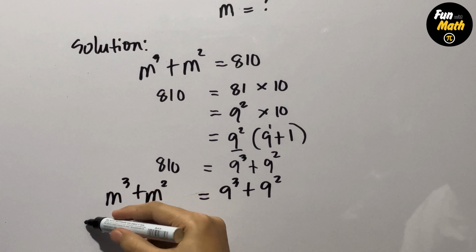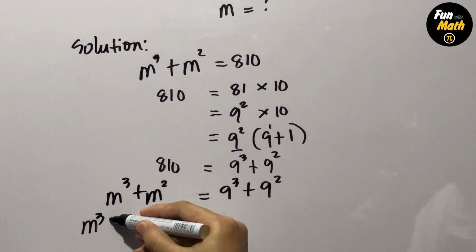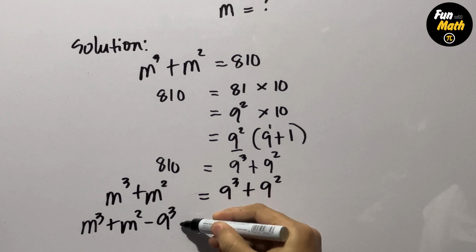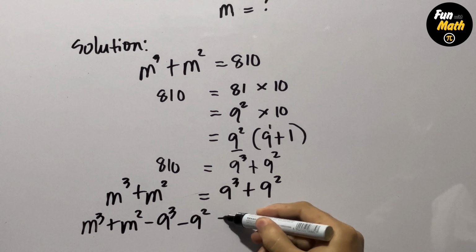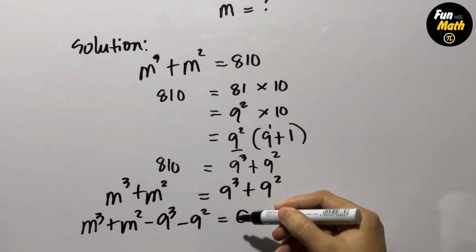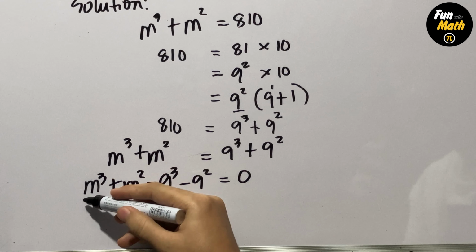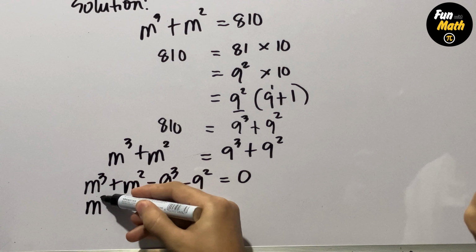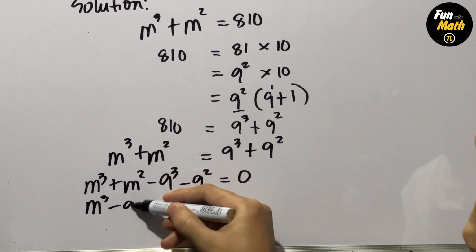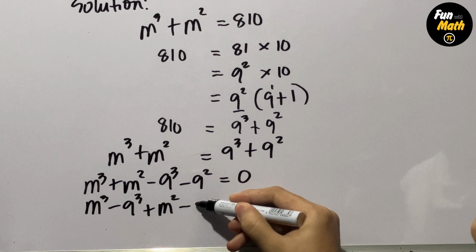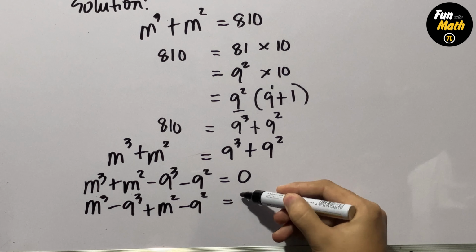So this is now m cubed plus m squared minus 9 cubed minus 9 squared is equal to 0. And then we can arrange this as m cubed minus 9 cubed plus m squared minus 9 squared is equal to 0.